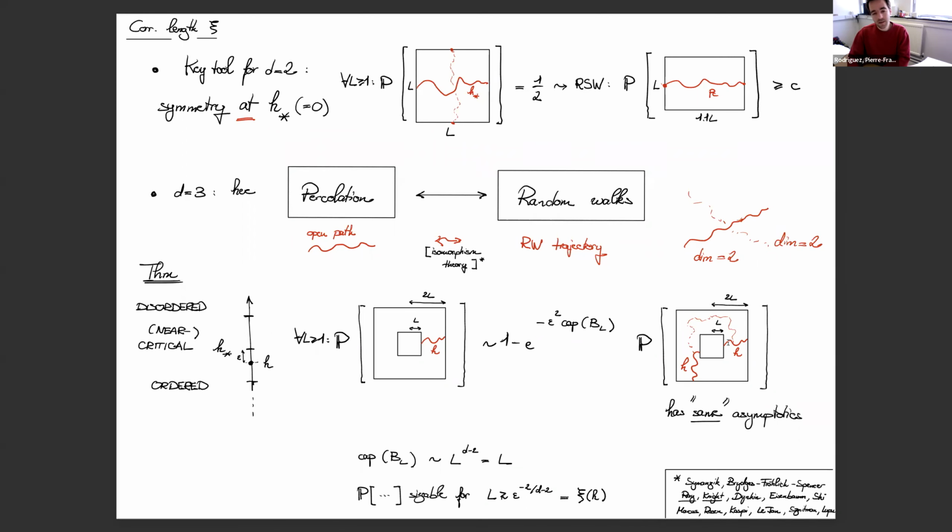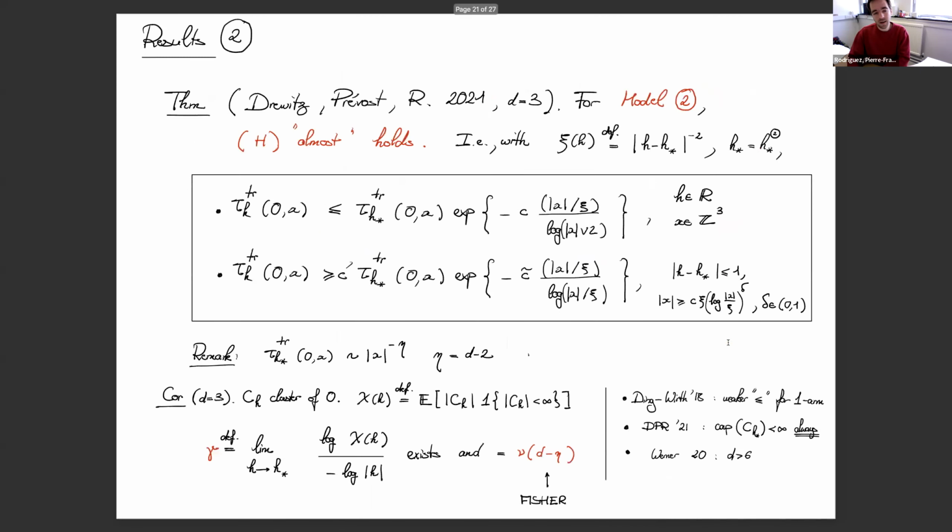So in a sense, the way that the connection is happening here is that at the critical point, you create a blob which, at the critical scale, grows to have the right capacity so that it's actually visible by one of these random walk trajectories.